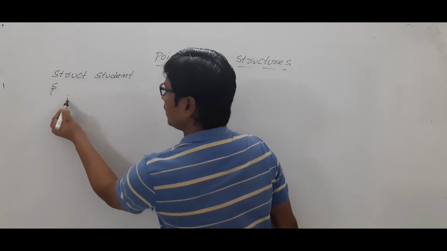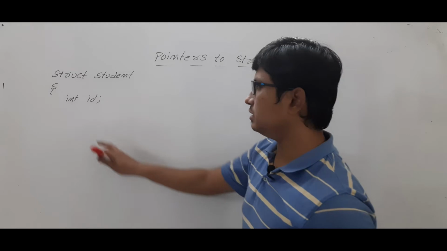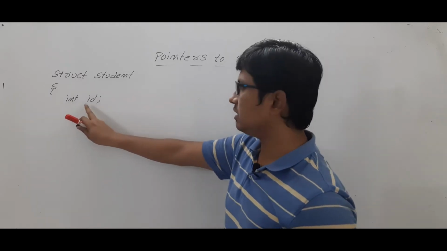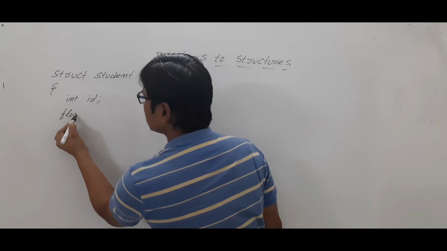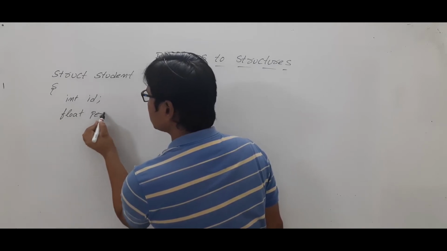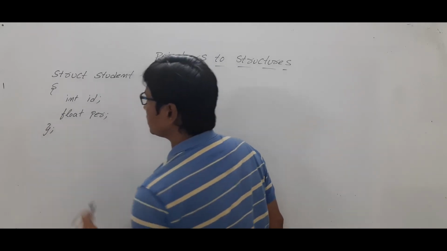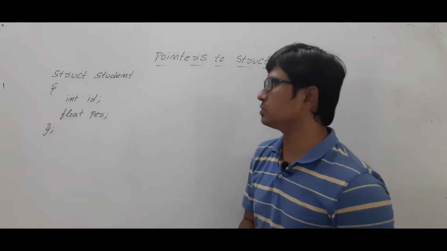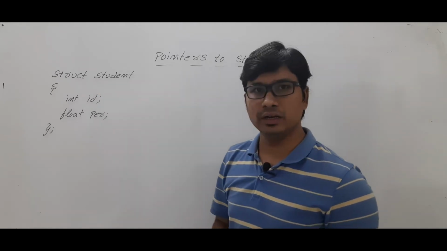Now let's say I want to keep the first member as id. So the data type of the member is int and the member name is id, and I want to store the student's percentage. So percentage I'm taking as a float, and I'm closing the curly braces and ending with a semicolon. So this statement we will call a structure definition called student.